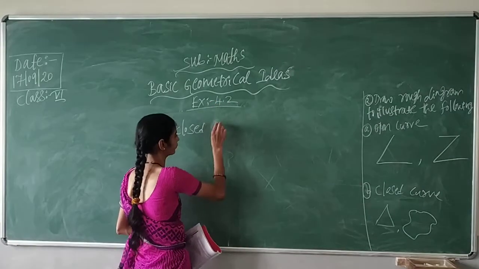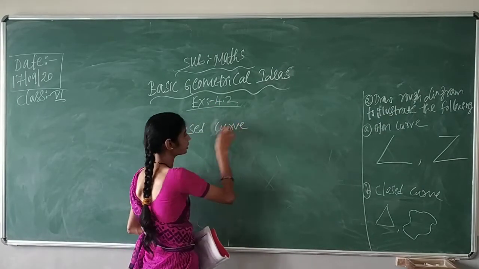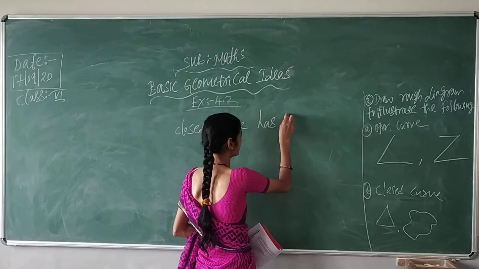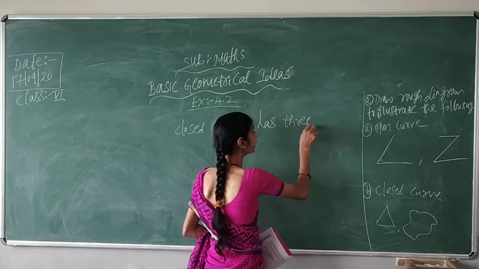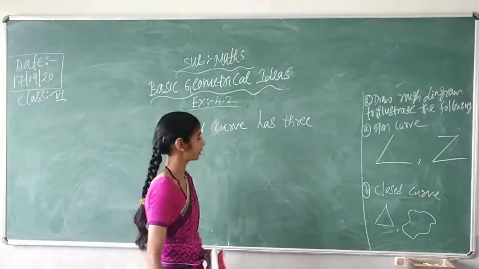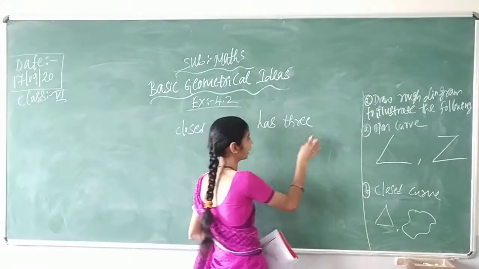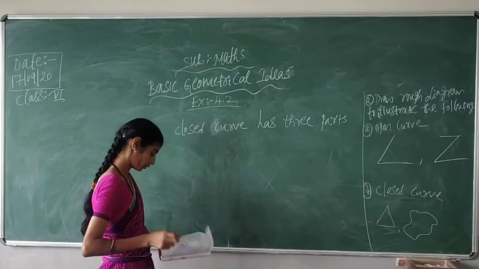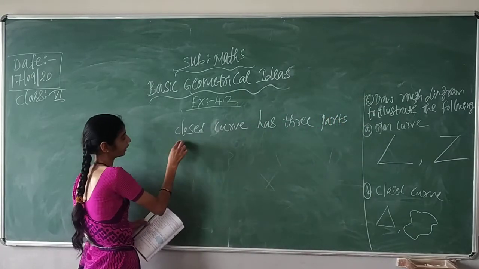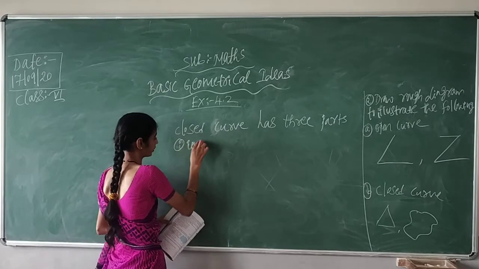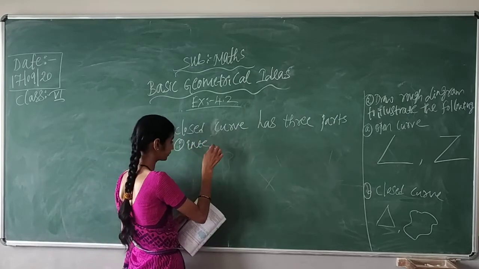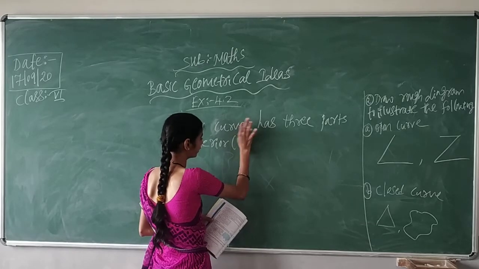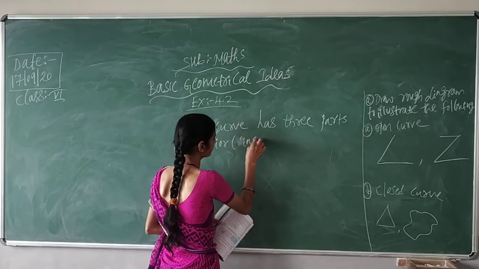So for the closed figure, closed curve, you can take closed curve has 3 parts. So usually closed figures, or closed curves, will be having 3 parts. That is, first one you can write interior or inside.